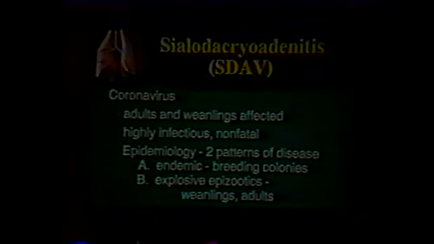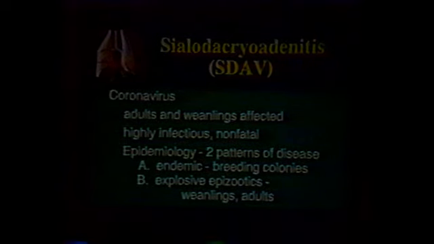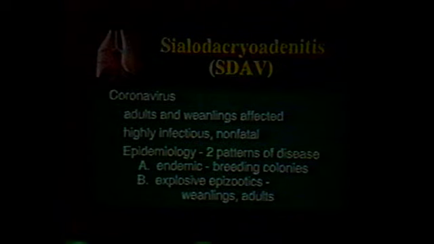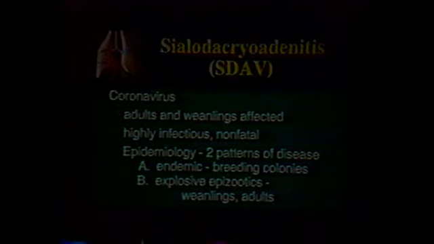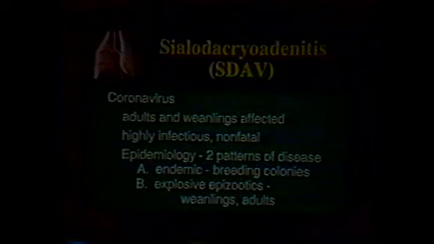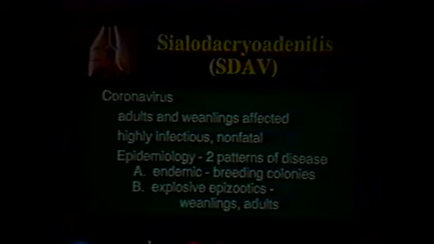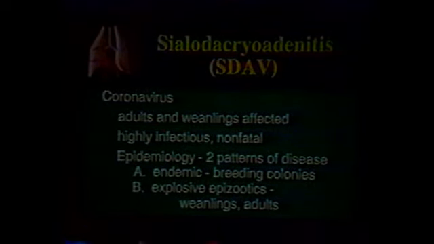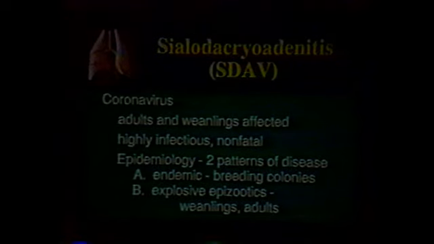And the first disease I want to consider is sialodacryoadenitis virus infection, or so-called SDAV. This is a coronaviral disease, which is highly, highly contagious. It's generally non-fatal. Both adults and weanling animals may be affected.